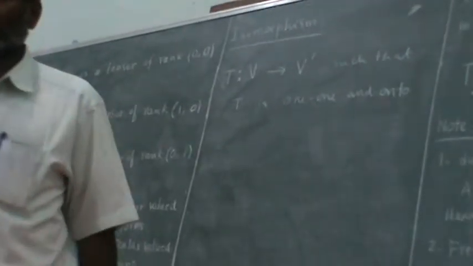That means it is a bijective mapping between V and V prime. Homomorphism means it's only onto, it's not 1, 1. But isomorphism means it is 1, 1.